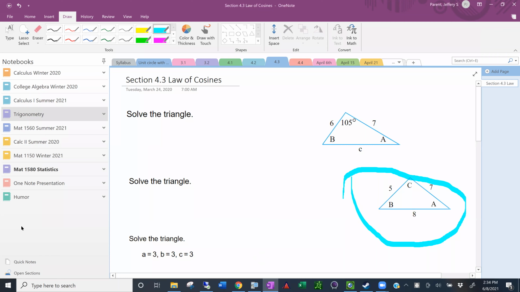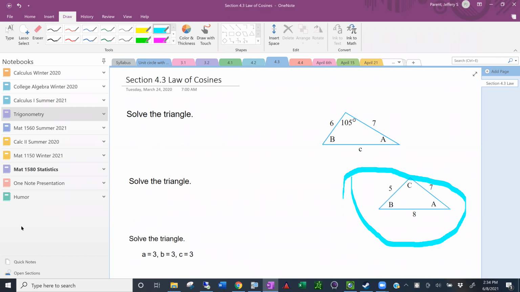We've got A, B, and C. And then I'll use lowercase for the actual sides, just following along with the notation that we have here.